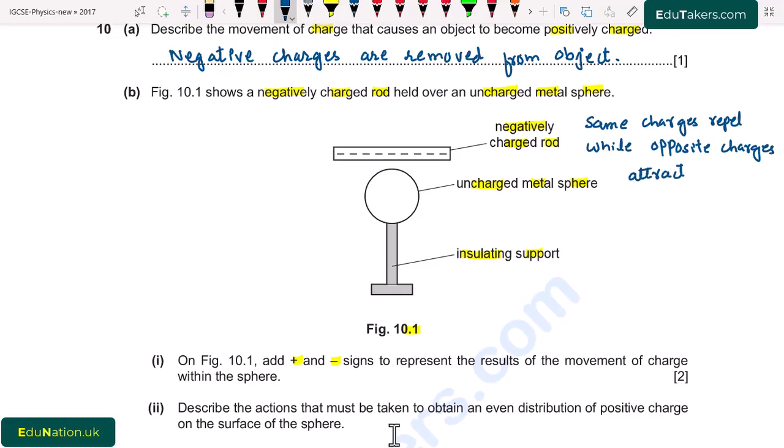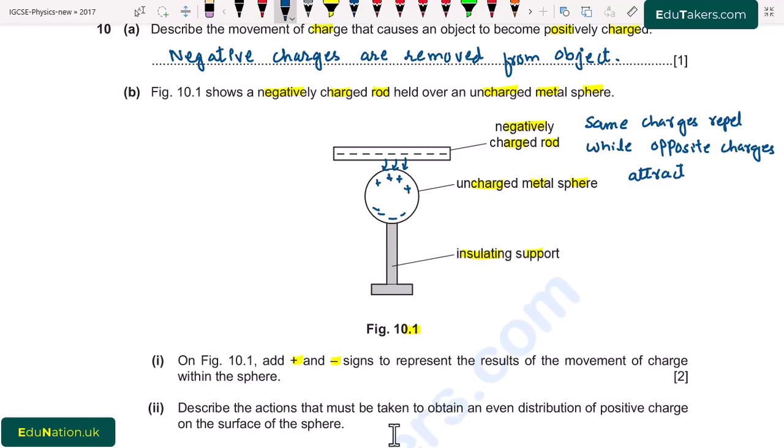So if this negatively charged rod is brought near to an uncharged metal sphere, then what will happen? The negative charges of the rod will repel the negative charges of the metal sphere, due to which these negative charges move to the bottom of the sphere, leaving positive charge here.